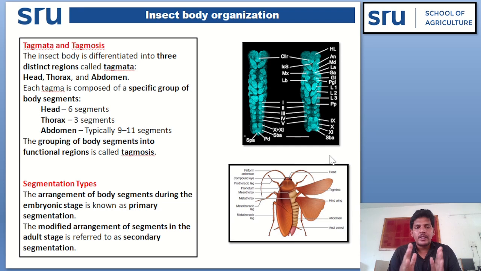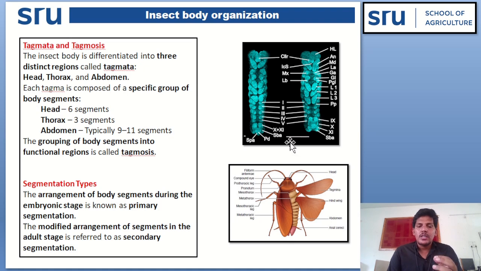Region is equal to tagmata, therefore the insect body is divided into 3 tagmata: head tagmata, thoracic tagmata and abdominal tagmata. Each tagmata is composed of a specific group of body segments: head tagmata contains 6 segments, thorax tagmata contains 3 segments, abdominal tagmata contains typically 9 to 11 segments.